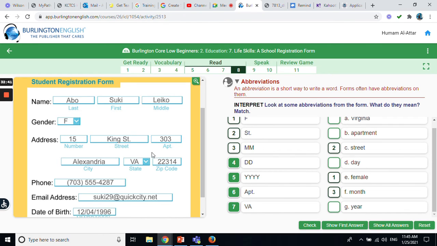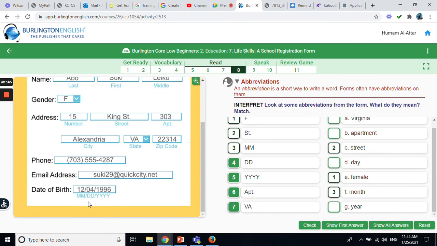They put it like this, MM. That means you have to write two numbers. If you have October, December, and the same thing for the date, for the day, they write DD.